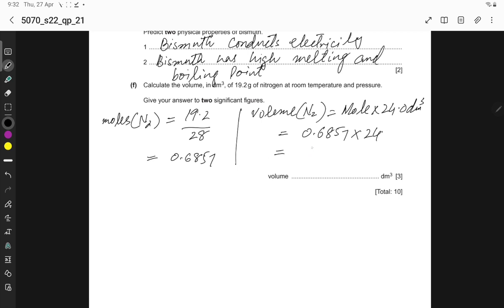The answer is 16.457. So the answer should be in 2 significant figures. So the answer is 16 dm cube.